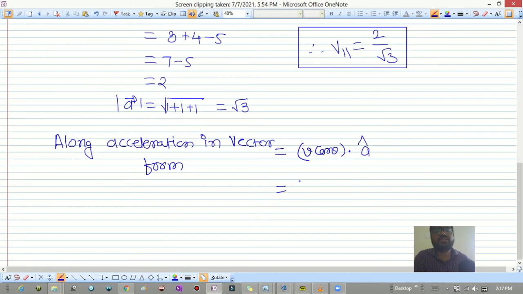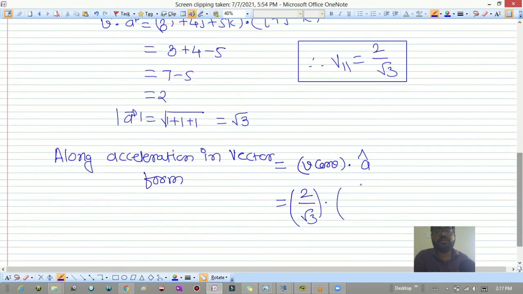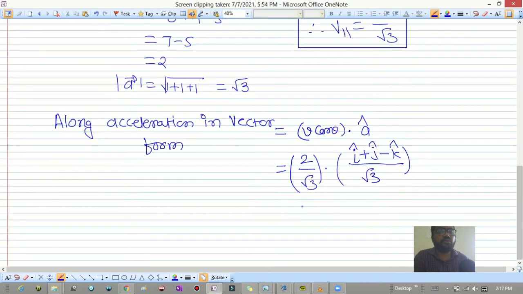V cos theta just now we have calculated, that is 2 by root 3 into what is the unit vector of acceleration? It is the given vector, that is i hat plus j hat minus k hat divided by root 3. So you will get 2 by 3 times i hat plus j hat minus k hat.